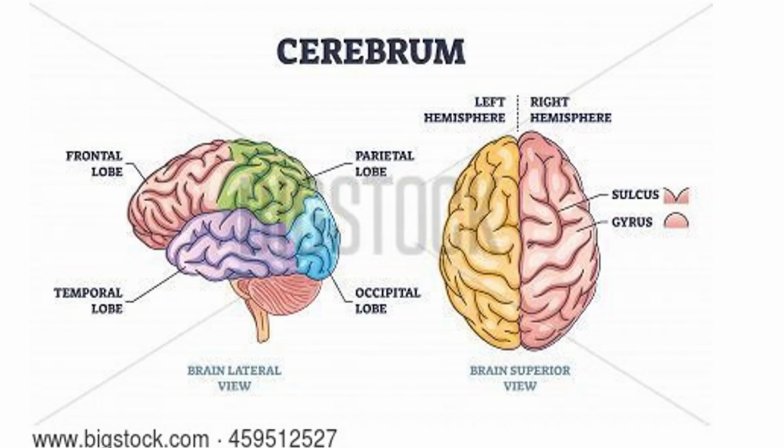Number one, they are responsible for sensory information. So let's look at the sensory function of the cerebrum. The primary somatosensory cortex, which is known as the postcentral gyrus of the parietal lobe, receives and processes sensory input from the body, such as touch, pressure, pain, and temperature.